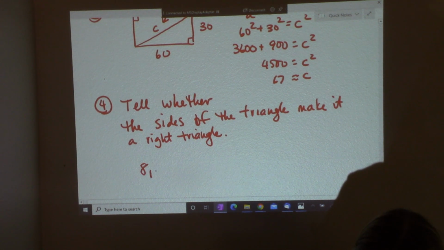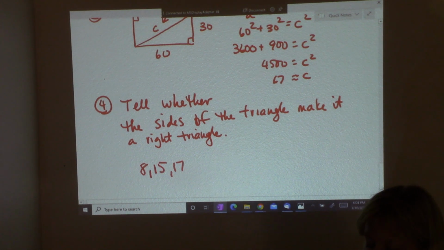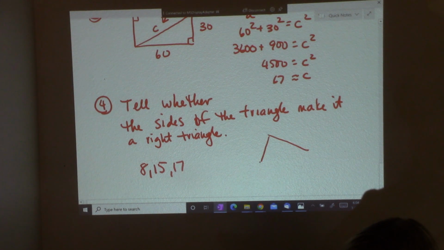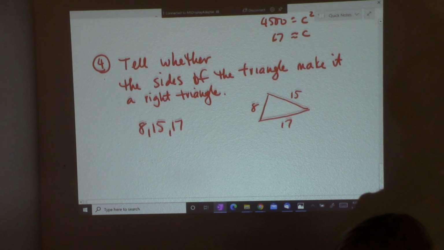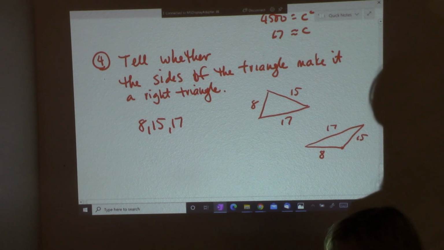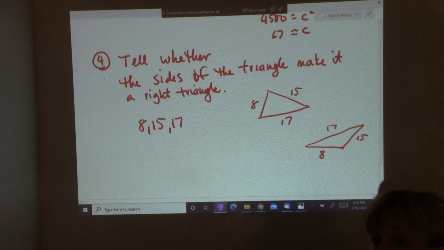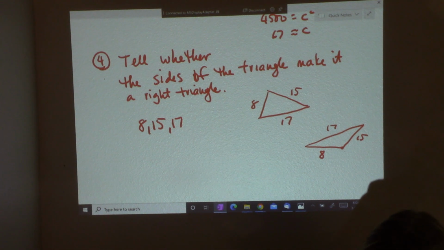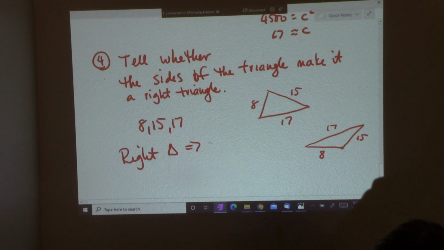So let's say I have these 3 lengths. Now that could be a triangle that looks like this. Maybe it's 8, 15, and 17 like that. Or something like this, and this was 17, 15, and 8. That doesn't look too accurate, but you get the point. You could have 3 sides that make a triangle, but we want to know if it's a right triangle. If it's a right triangle, then the Pythagorean theorem works.